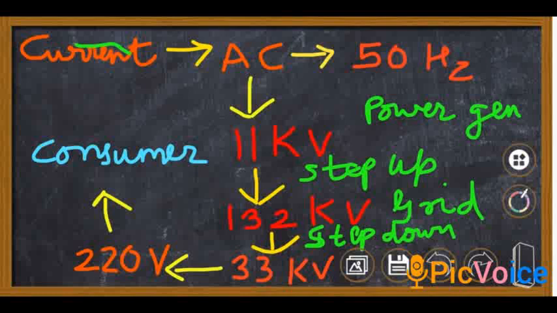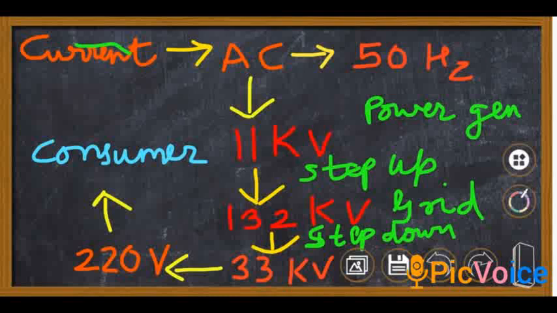So first just understand the values once again. Current is generated as alternating current. 50 hertz is the frequency and at 11 kV. After that, stepping it up, they send it to the grid substation, and there in the grid substation it is made 33 kV for giving to the heavy industries, and then it is sent to the immediate substation.